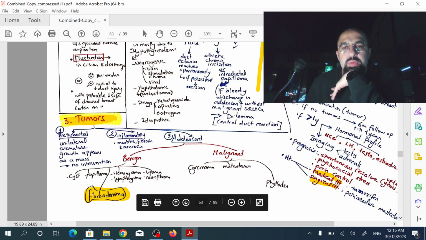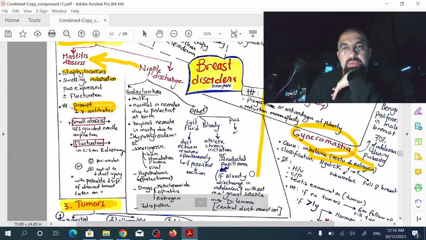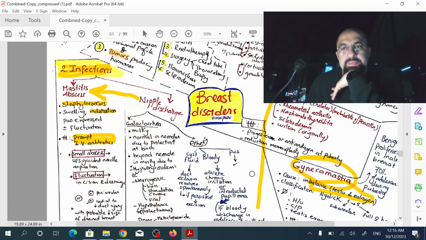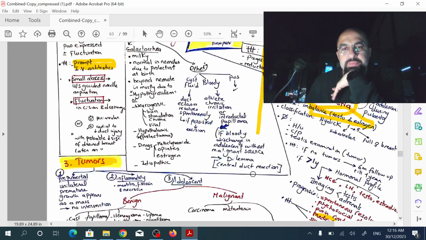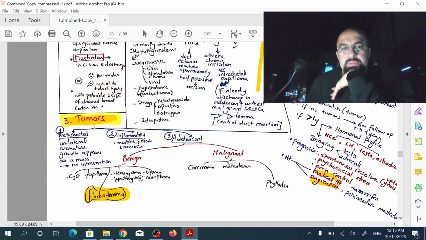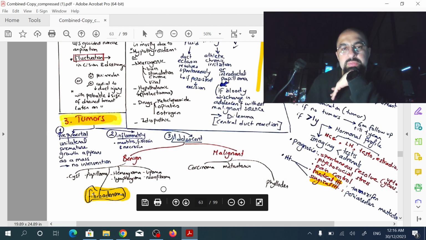Malignant tumors like carcinoma, metastasis and phyllodes tumor are not that common. Other types are cyst, papilloma, hemangioma or lipoma, which can occur in any other part of the body.